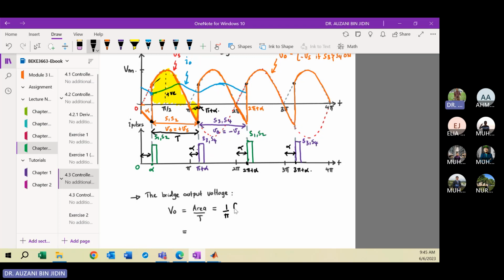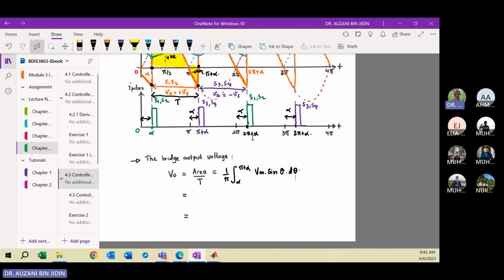Then to calculate the area, you integrate from alpha, starting from this point to this point, so alpha to pi plus alpha. The function of VO will be VS for the first half cycle here. So your VO is Vm sine omega t, or sine theta, with respect to theta.